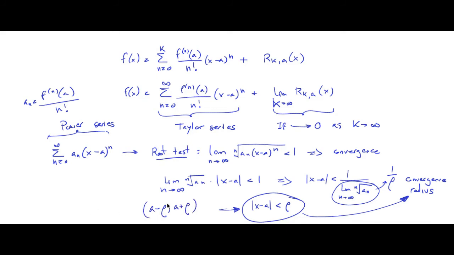Okay? Remember that. Now there's another way of computing the convergence radius, because we know that this is also going to be equal to this limit, the quotient, because of the quotient test, right? It's the same thing. Okay.